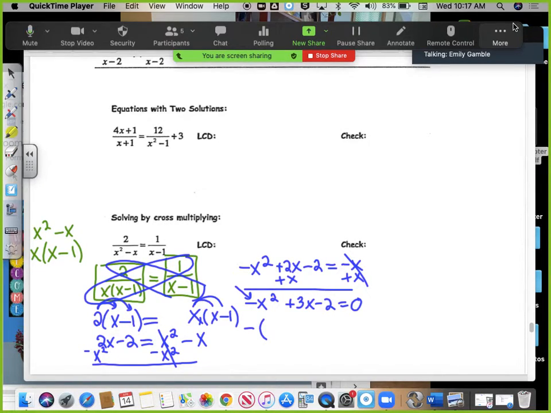So I put a negative outside of parentheses, and I change all of these to be the opposite of what they are right now. This will be a negative, and then inside will be a positive x squared. This plus 3x will turn into a minus 3x. This minus 2 will turn into a plus 2. Once I factored out that negative, now I can factor this normally.